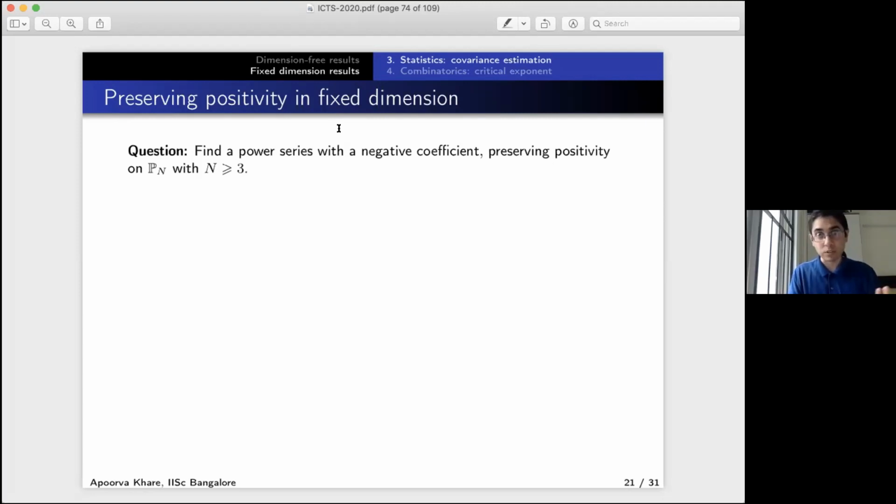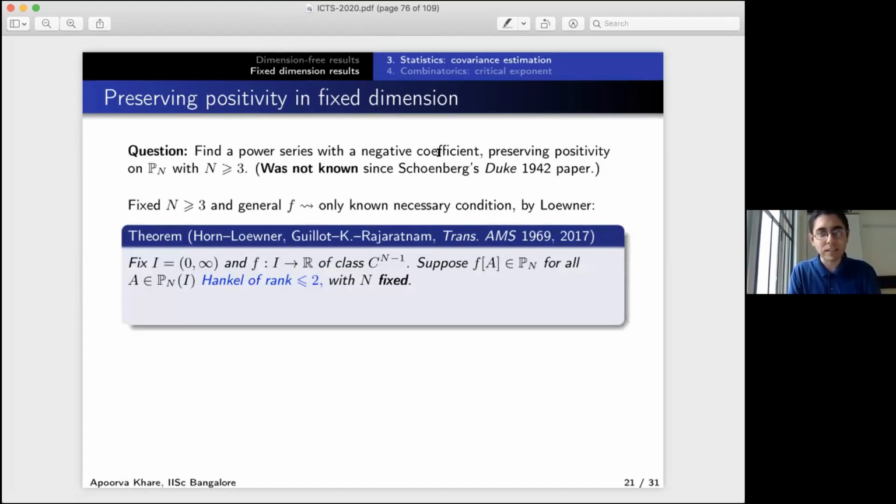So in particular, since all power series with all positive coefficients work, you should expect to find power series with negative coefficients, at least one negative coefficient, and one power series with such coefficients that works on Pn for a fixed n. Remarkably, this was not known until 4 years back. So that was sort of surprising, and so this was something that we now understand.